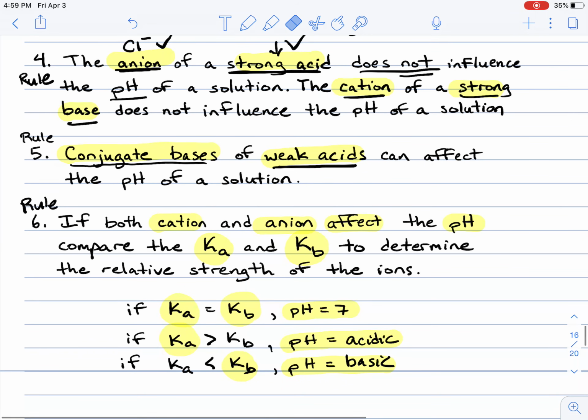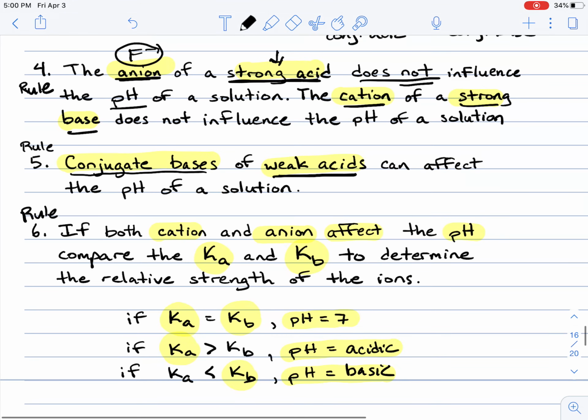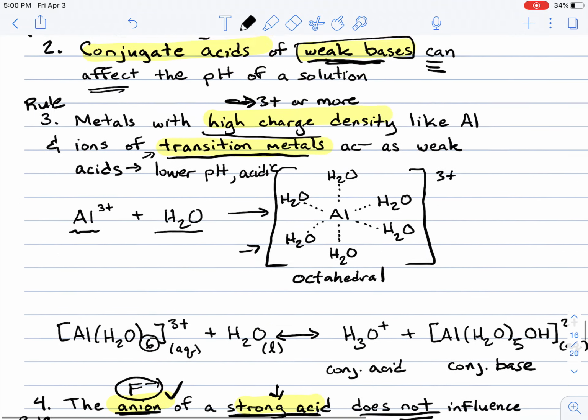And so let's look at rule number 4. Okay. F- is an anion. However, is this anion found in our list of strong acids? And so it does fulfill this first part, but let's see if it fulfills the second.